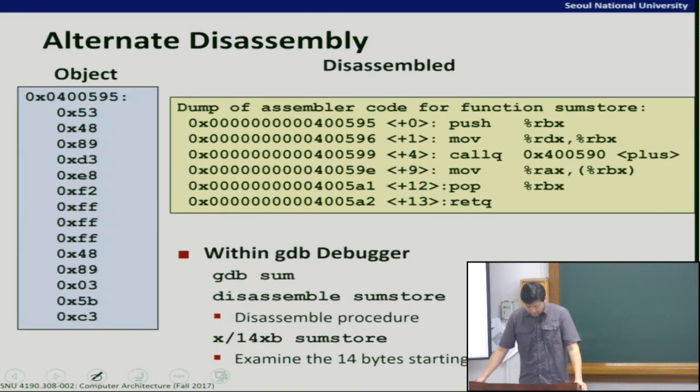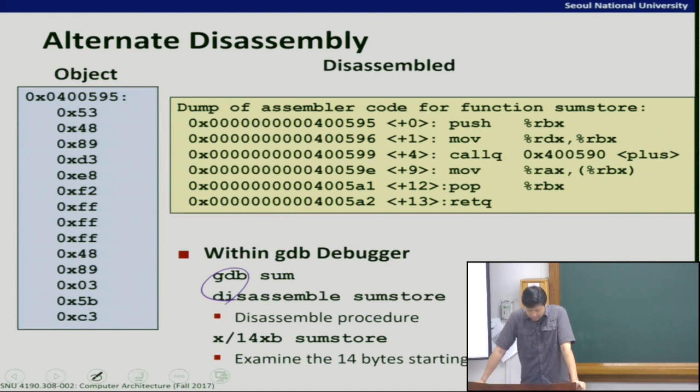Alternatively, you can also use GDB. For homework number 2, you'll have to use GDB a lot. So you'd better know how to use it, and we're going to give you some tutorial and so on. GDB is a very useful debugger when you debug your program.